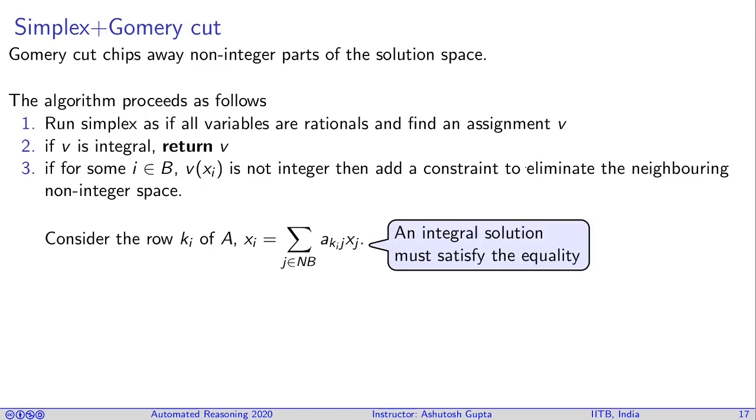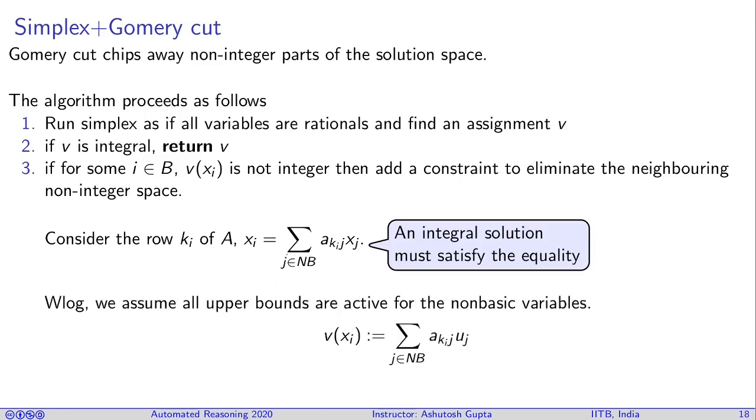Remember that this equality has to be satisfied by every solution of our problem. Without loss of generality, we assume all non-basic variables are active at their upper bounds. We can similarly analyze the lower bound case. We will not cover it here, but that will be left as an exercise. So everything is at the upper bound.